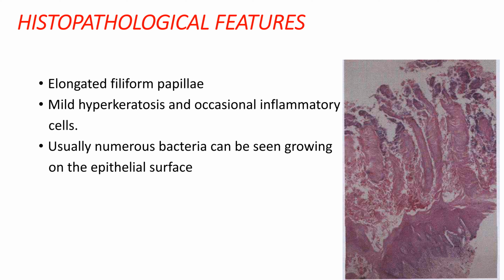Usually numerous bacteria can be seen growing on the epithelial surface. In the histopathological picture you see finger-like projections, an elongation of the filiform papillae with hyperkeratosis.